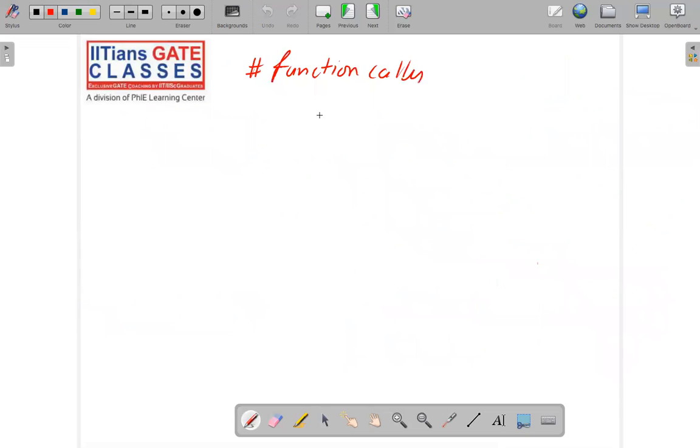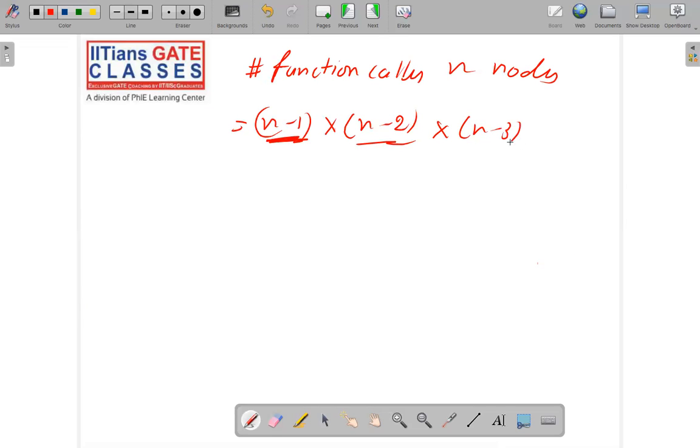So similarly, if we track the number of function calls, initially you have n-1. If we have n nodes, n-1 calls, then for each of these n-1, you have n-2 calls. For each of these n-2, you have n-3, until 1. So this is factorial n-1. And if you apply the effort to find the minimum out of these n-1 choices, it is around n. So this is factorial n actually.